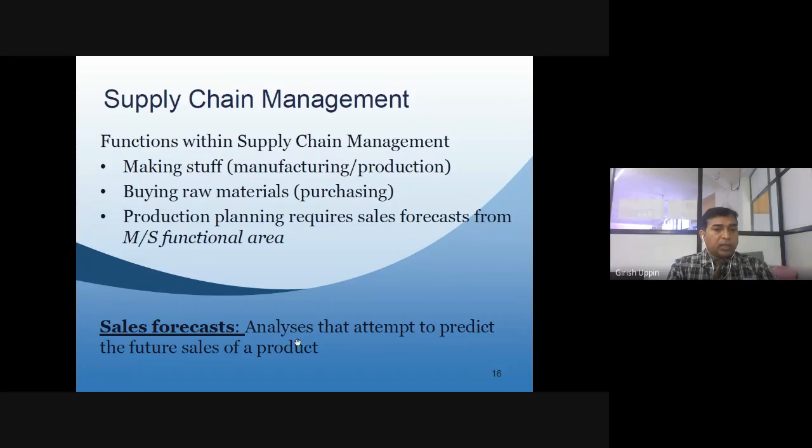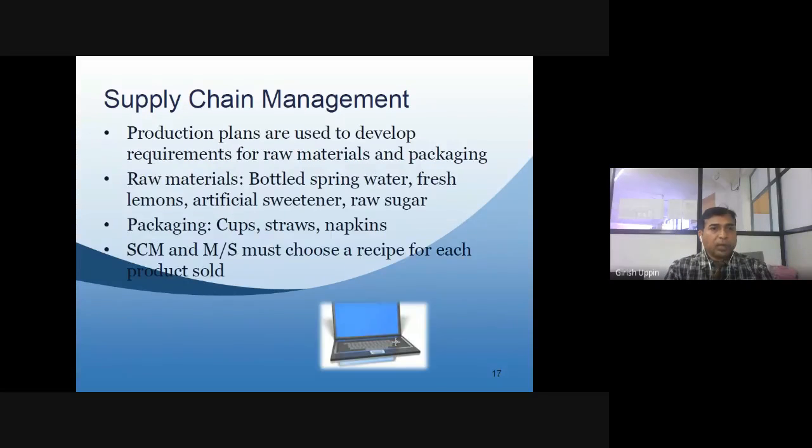Sales forecast analyses attempt to predict the future sales of a product. That's a sales forecast. Supply chain management, other functions. Production plans are used to develop requirements for the raw materials and packaging. Here is one example, making a lemonade. What are the raw materials required?